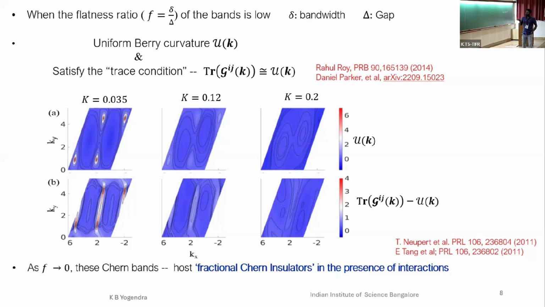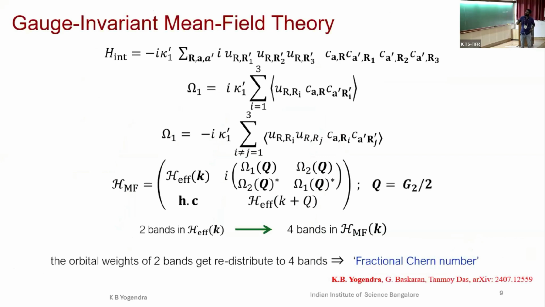So now I'm going to discuss gauge invariant mean field theory to study the fractional Chern insulator phase for this. There are many numerical calculations to understand the fractional Chern insulators. I think we wanted to try analytically with a minimal model. So I took the effective model and then took some interaction Hamiltonian, where these are all 4 in number.